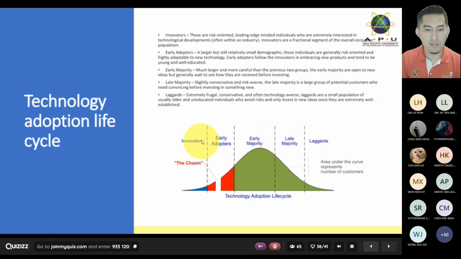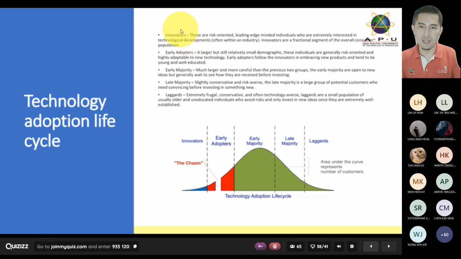All right. So you have the innovators, as you can see in the early stages here. Who are the innovators? These are the people that if any new technology comes along, you will always see them basically being one of the first who would like to get into it and get their hands on that technology. Yeah.